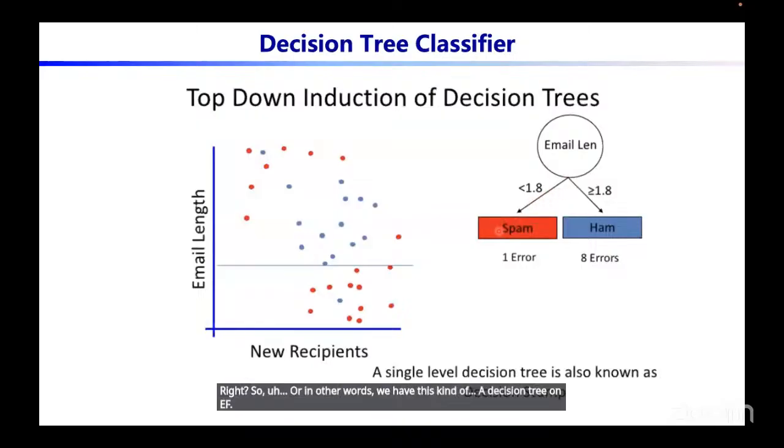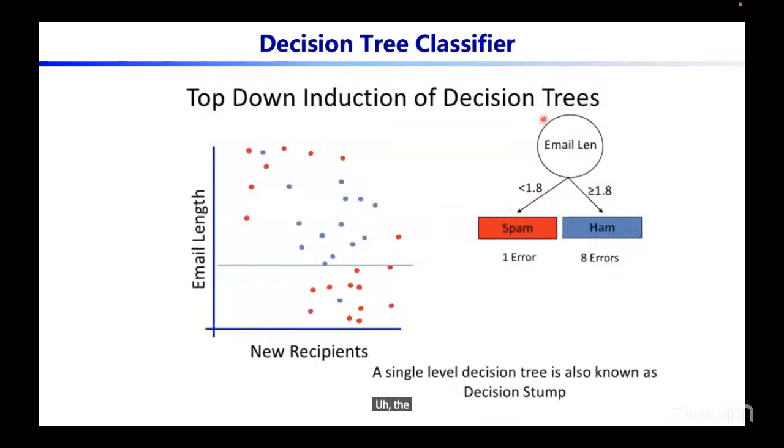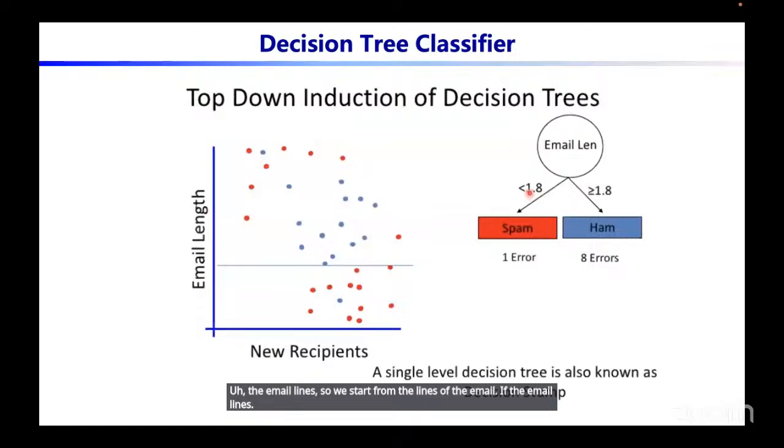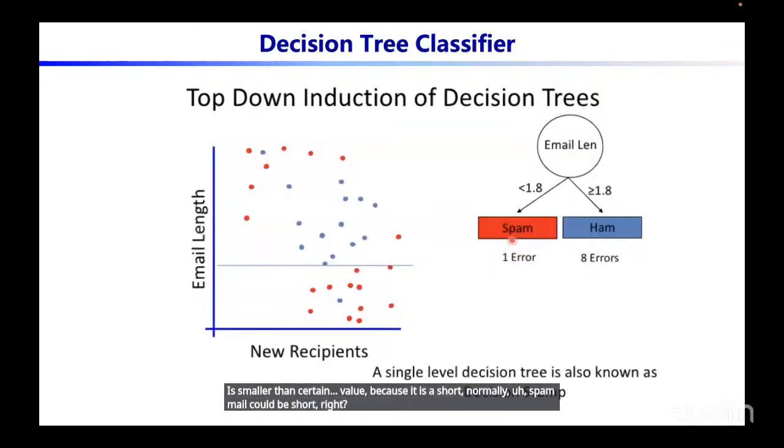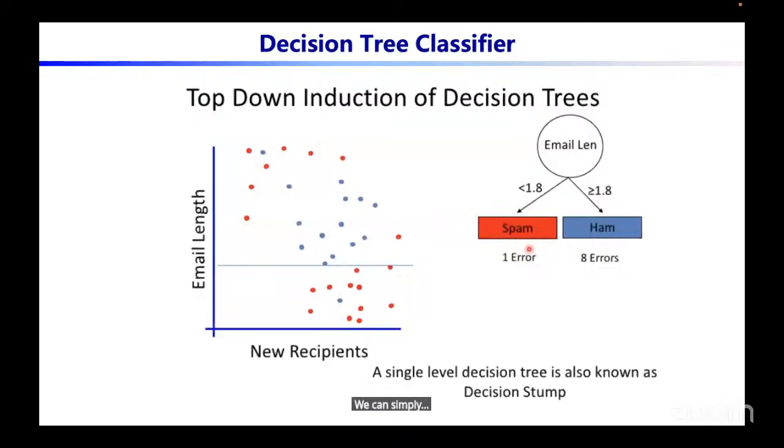We start from the length of the email. If the email length is smaller than a certain value, because it is short, normally spam mail could be short, we can simply define those short emails as spam. In this way, we only have one error.